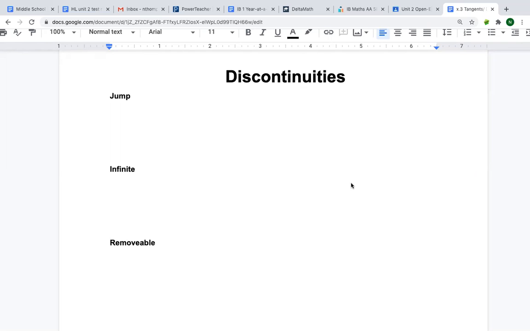Now, a jump, in formal definition, if we're getting fancy, is where the limit as x approaches a from the left is equal to some value L, and the limit as x approaches a from the right is equal to some value k, where L does not equal k.